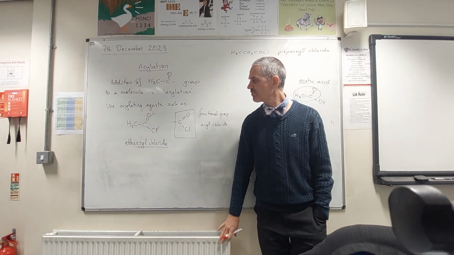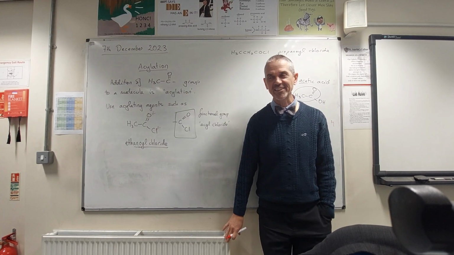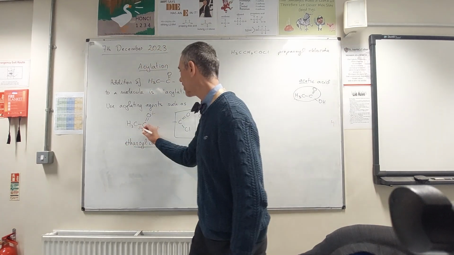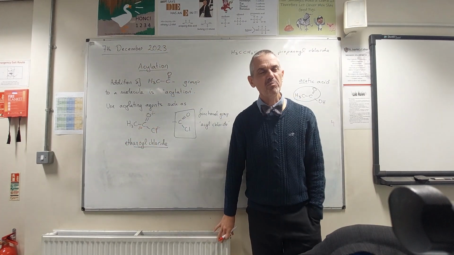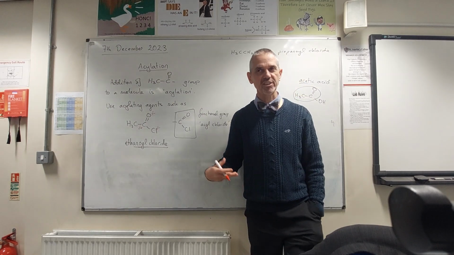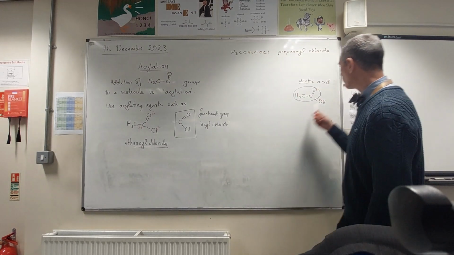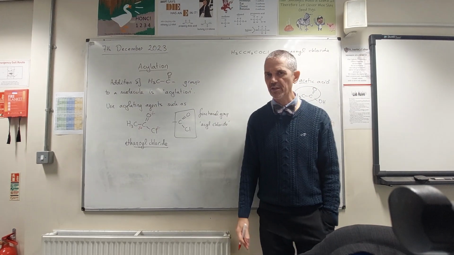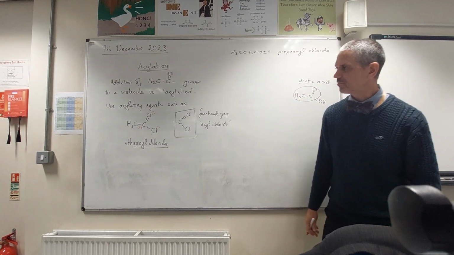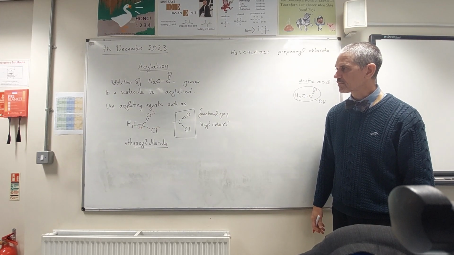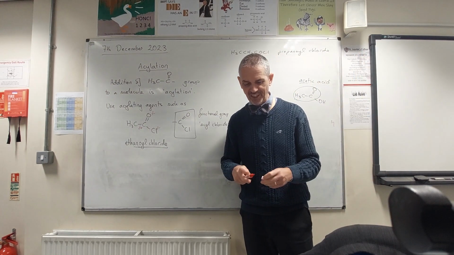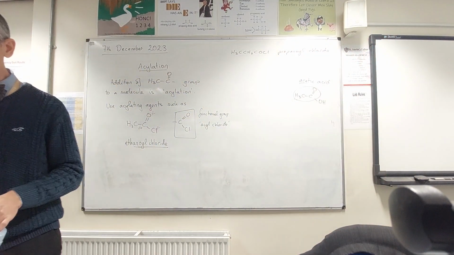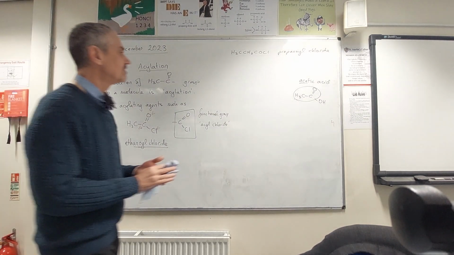So the chlorine's withdrawing electron density away as well, so that means that the carbon is super delta plus. It's got a partial charge, but that partial charge is substantially larger than it would be for ethanoic acid. And again, we'll compare them later on. Anything which has a delta plus or a delta minus in organic chemistry must be moving us towards a mechanism.